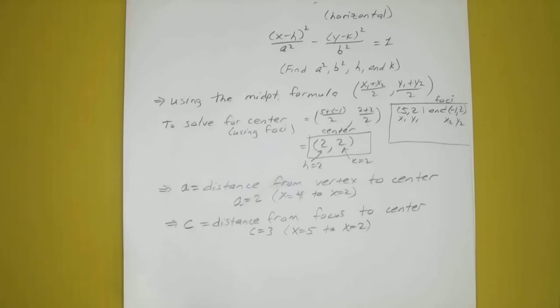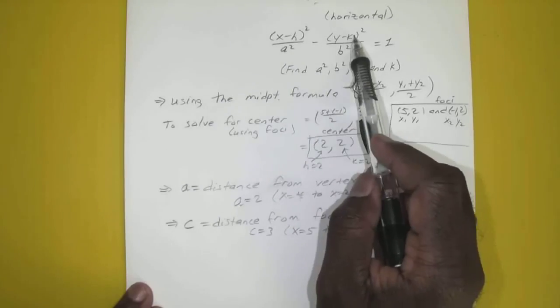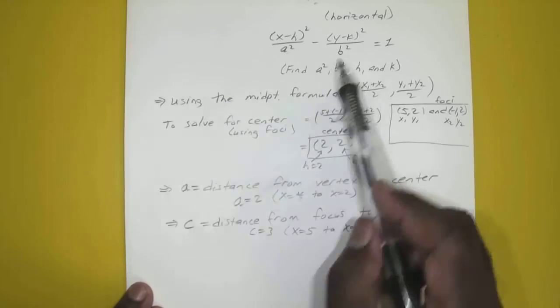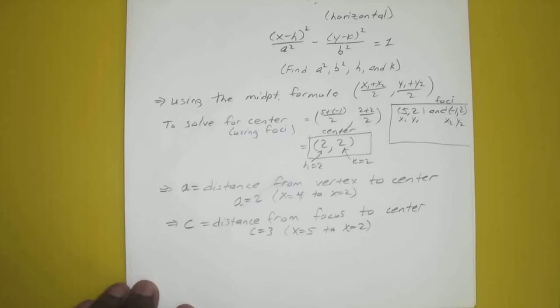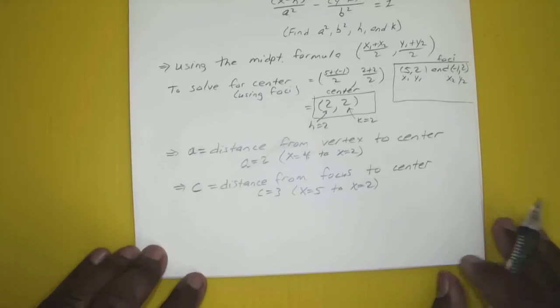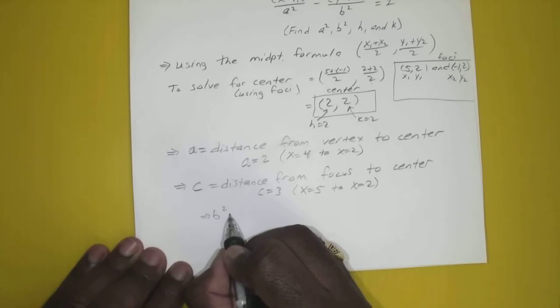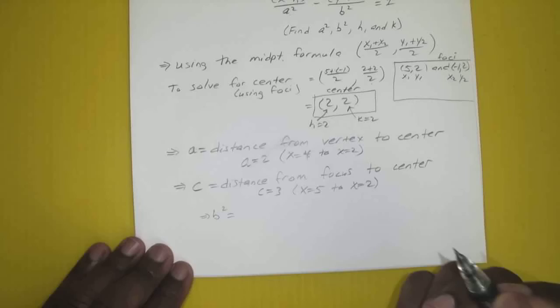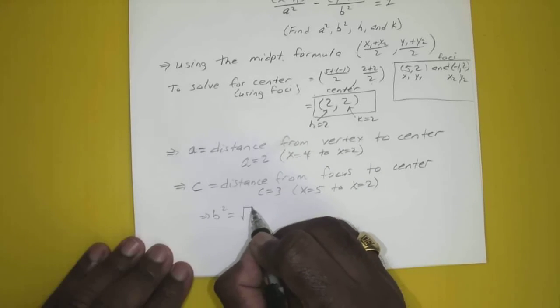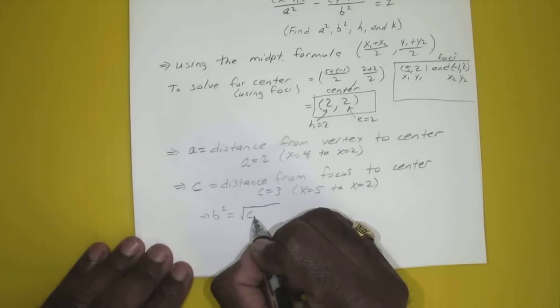So we have our A, we have our C. Now the only thing we're missing, because we have our H, we have our K, we have our A, is our B, which means we just have to solve really just our B squared. So we know that B squared equals C squared minus A squared.